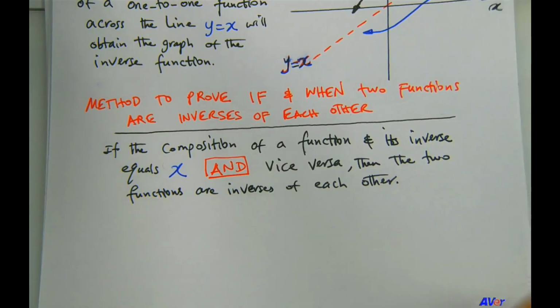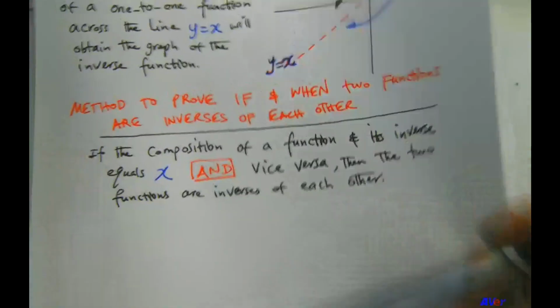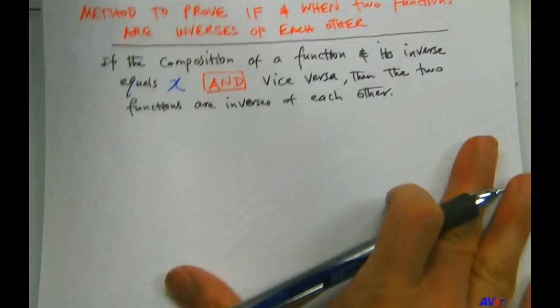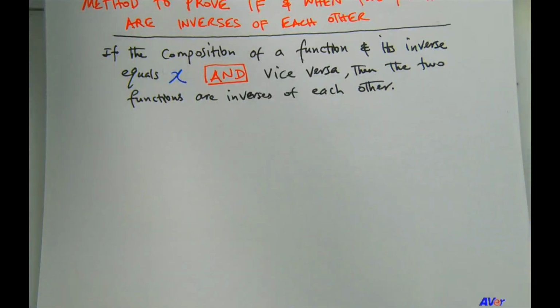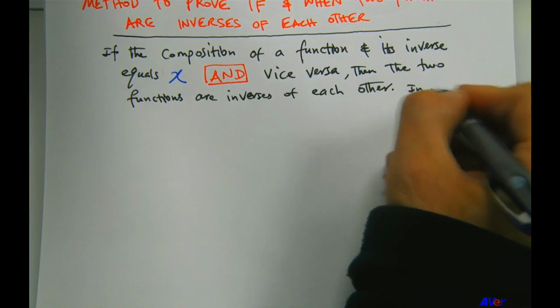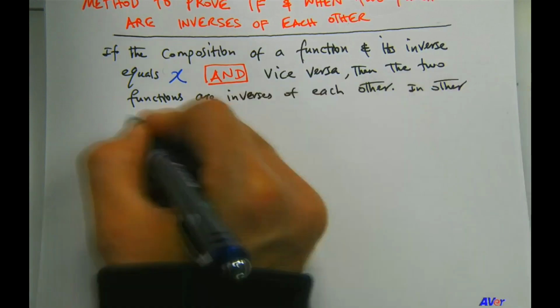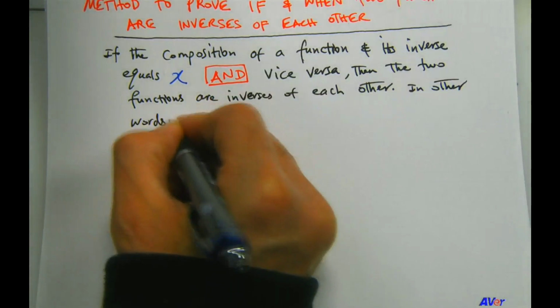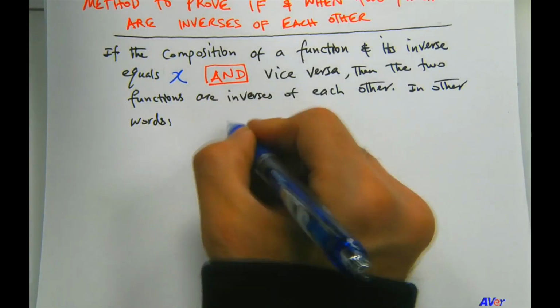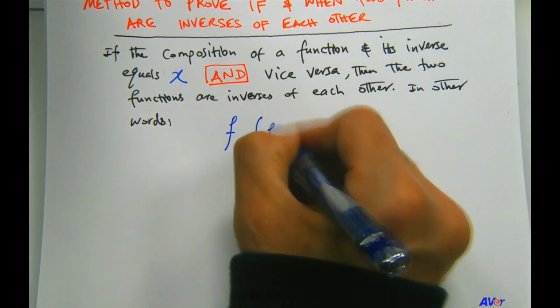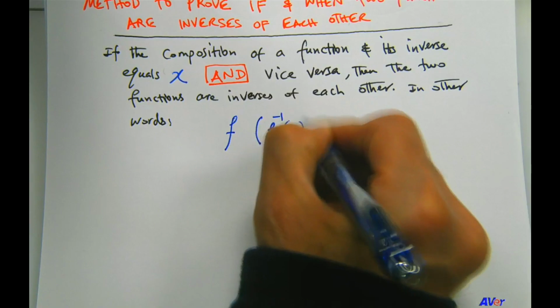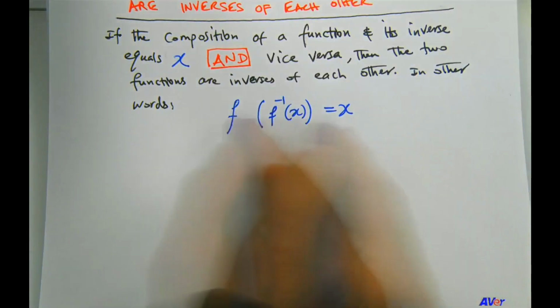Okay, so this is saying that in plain English, but how do we show this symbolically? Let's use mathematical symbols to say the same thing. The composition of a function and its inverse should equal x, and that's not sufficient.